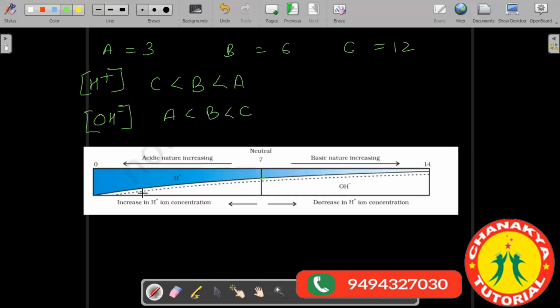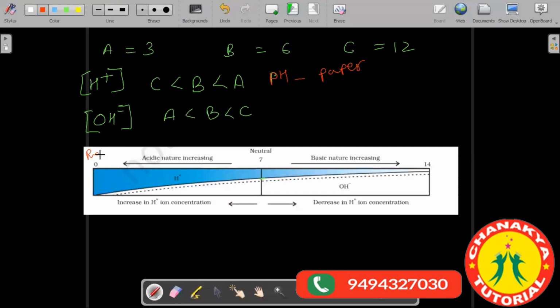Now pH is determined by using a pH paper. We generally use a pH paper to find out the pH of the solution. When you dip a pH paper in a solution, the color of the pH paper changes, and depending on the color obtained, we predict the pH of the solution.